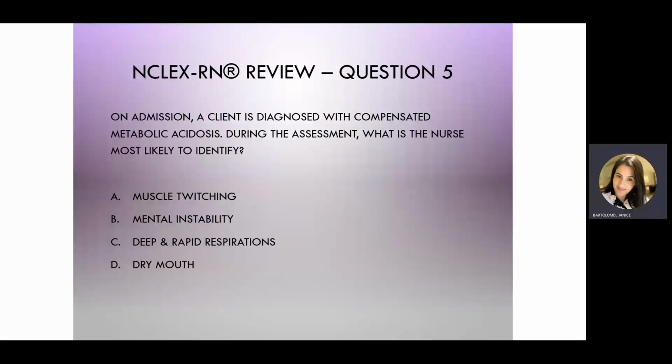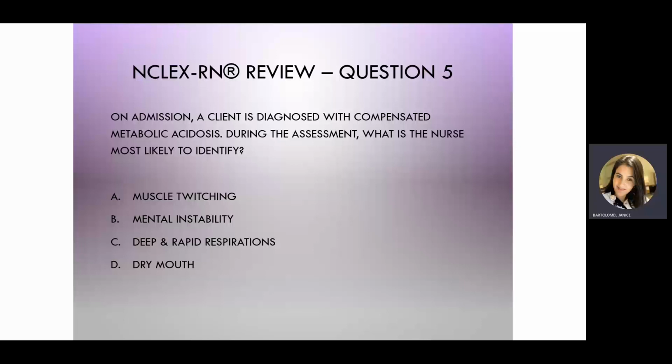Okay, let's look at this one. On admission, a client is diagnosed with compensated metabolic acidosis. During the assessment, what is the nurse most likely to identify? Metabolic acidosis. Who's compensating on the metabolic acidosis state? The lungs.